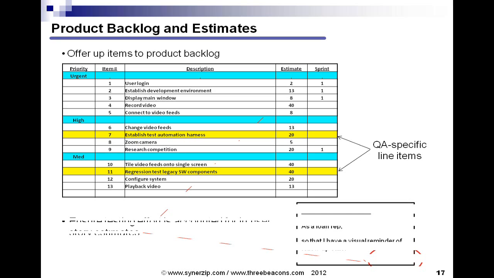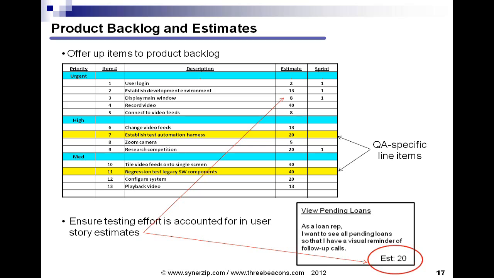So if the test effort is large, the QA person in their planning poker or t-shirt sizing exercise needs to convince the team that the estimate needs to be larger. Maybe it needs to be a 20 instead of a 13. If the QA person is convinced the testing effort and automation effort there is small, then help the team drive that estimate even lower.